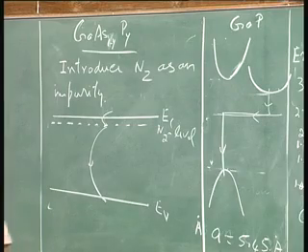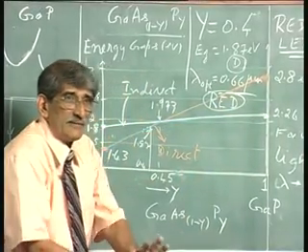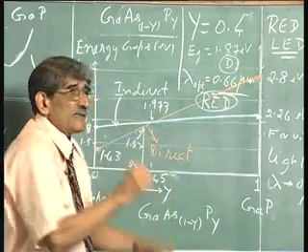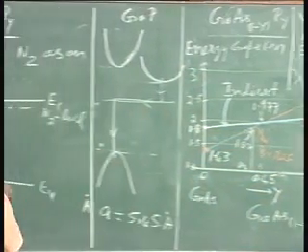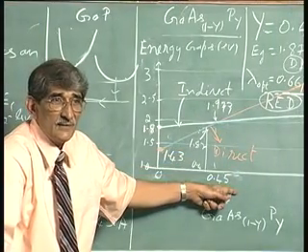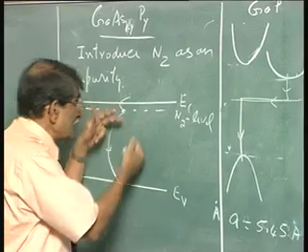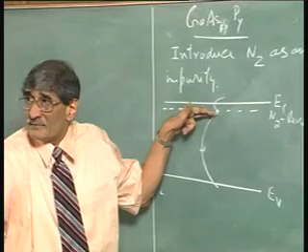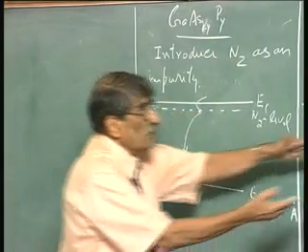If I move from here to here, I am varying the band gap. But in each of those materials, if I introduce nitrogen, I will have an effective transition gap very close to that, but slightly smaller. Then I can get light out of it, and I can make an LED which gives a wavelength close to this.